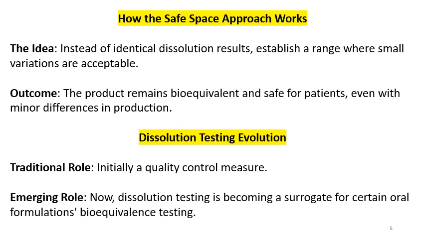And the outcome of this is that the product remains bioequivalent and safe for patients even with minor differences in the production. See, dissolution variation may happen for many reasons, which may be raw material differences, minor variations, manufacturing variations, testing variations, storage variations, or variations in some of the parameters.